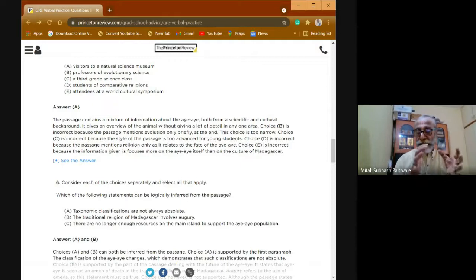First they say it belongs to some species, then another says it belongs to another species, and finally they categorize it into another species. So it cannot always be absolute. Then the second says that the traditional religion of Madagascar involves augury. Then the third one is there are no longer enough resources on the main island to support the population.